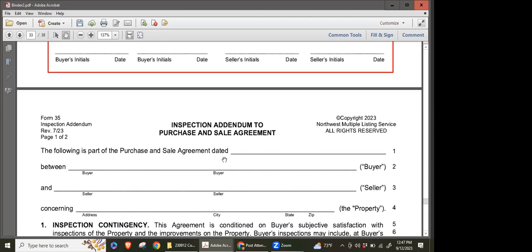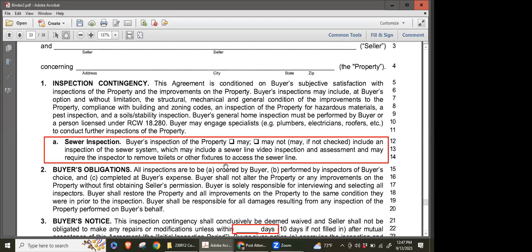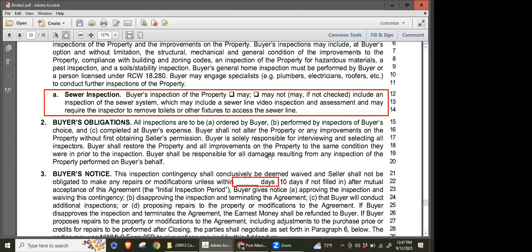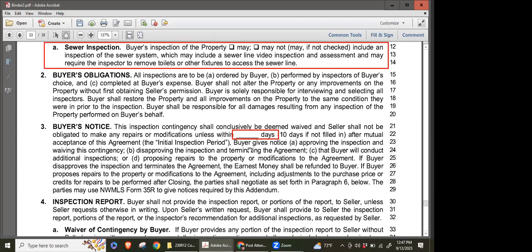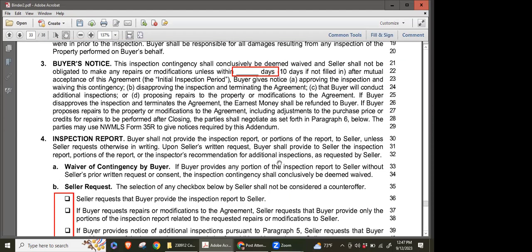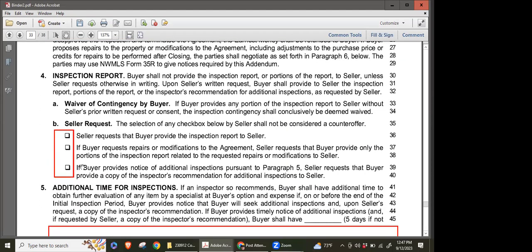Okay, Form 35, inspection. I just look if it's in the city and it's going to be hooked to the sewer, that's the only time you check that, and how many days. And if you're submitting it for the first time and it's not uploaded, the seller has to fill this in.